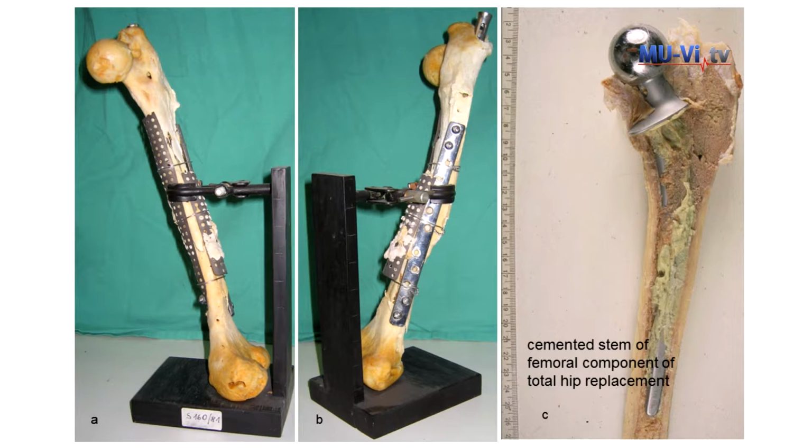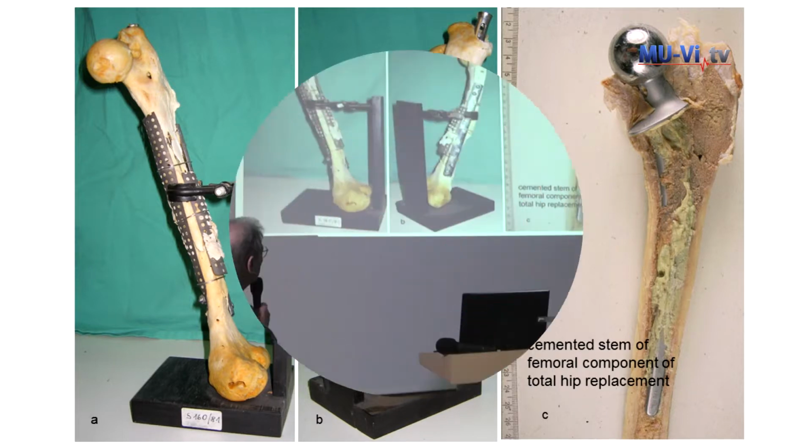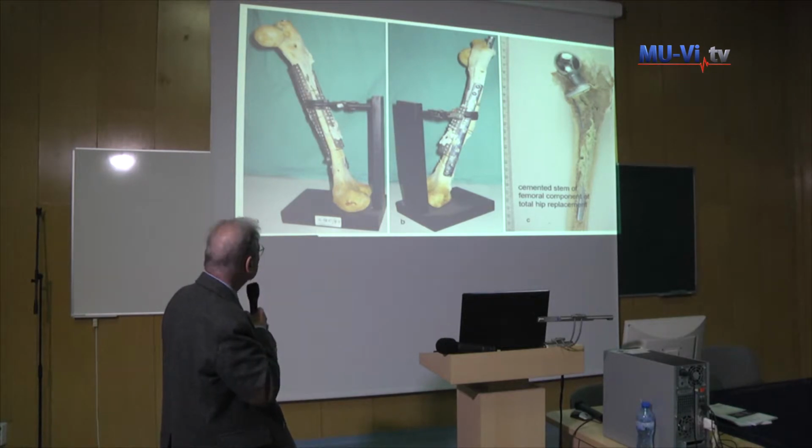So here on the left side you see the disaster of an implant put into the femur of a patient, collected in '81. And here you see a femur with a broken head, and there was some nail put in the head, and the head is partially necrotic.